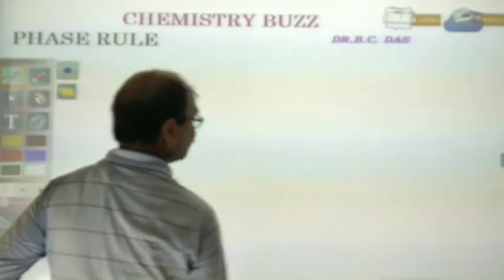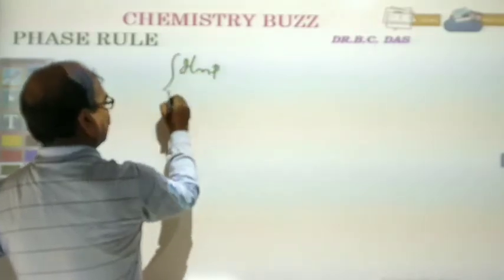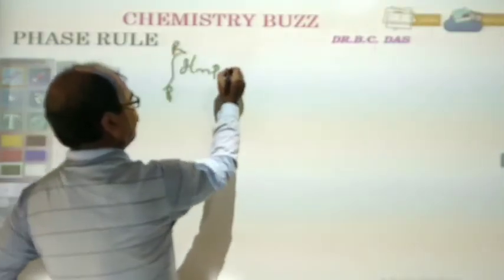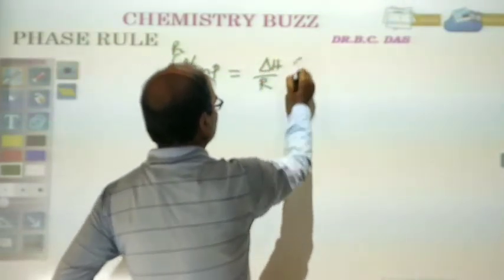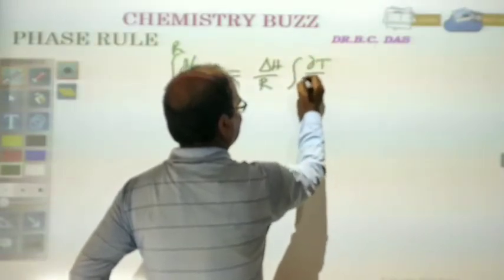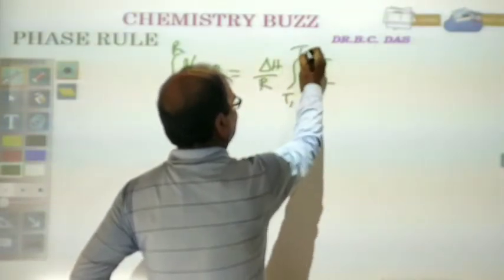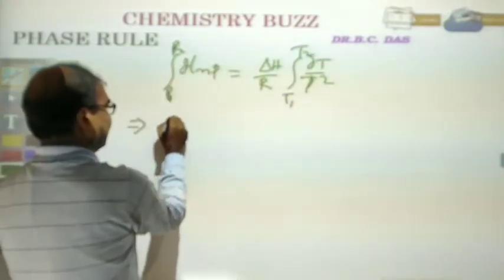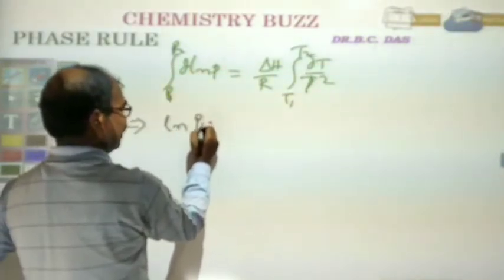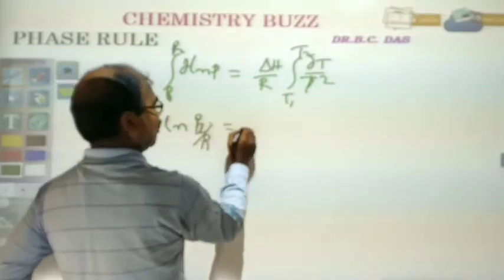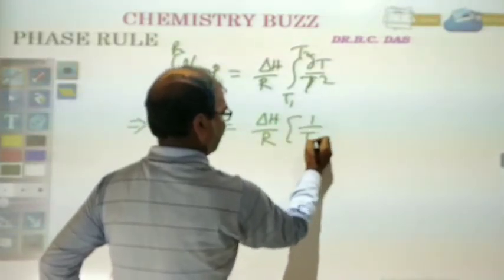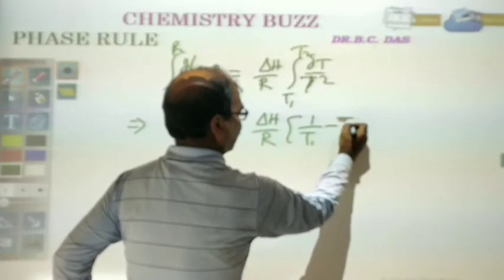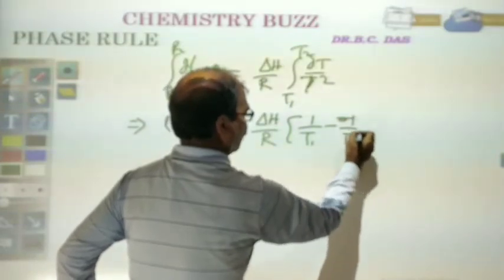So that will give you the integral of d ln P from P1 to P2 is equal to delta H by R integrated dT by T square from T1 to T2. This implies ln P2 by P1 equals delta H by R times (1 by T1 minus 1 by T2). Okay.